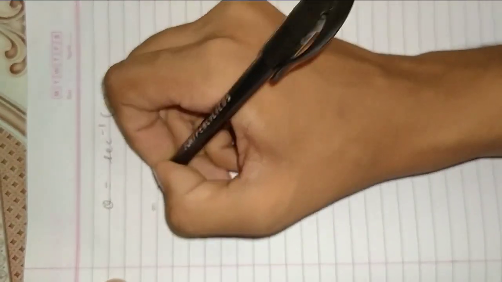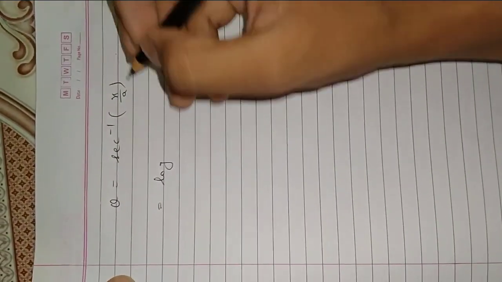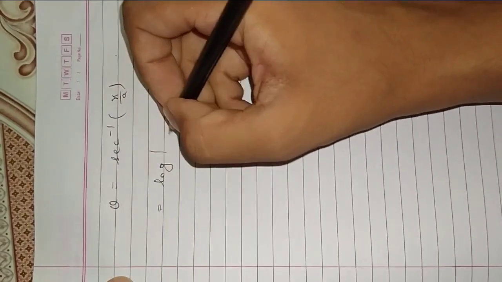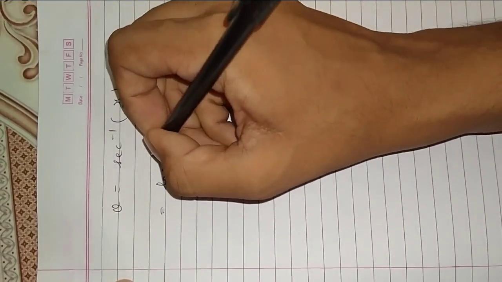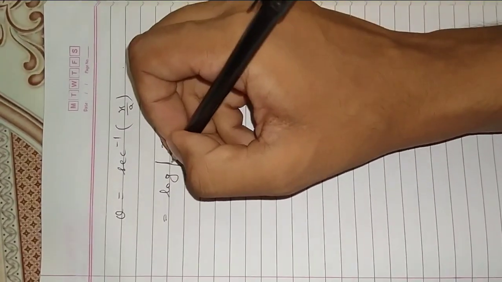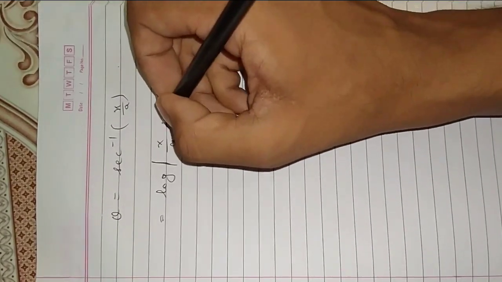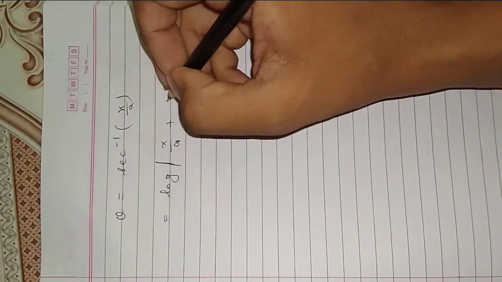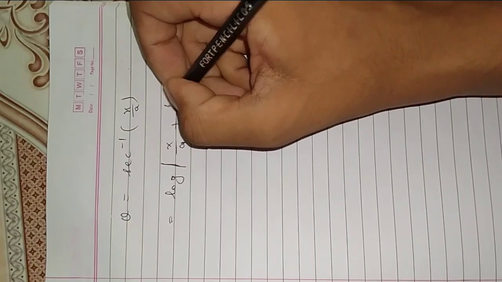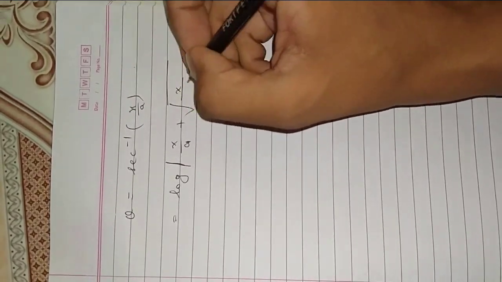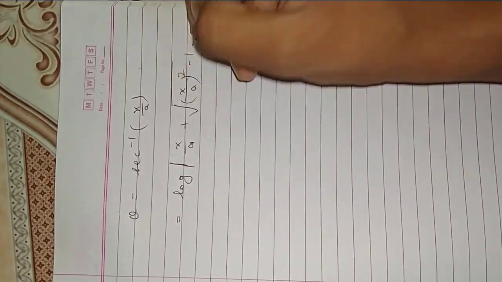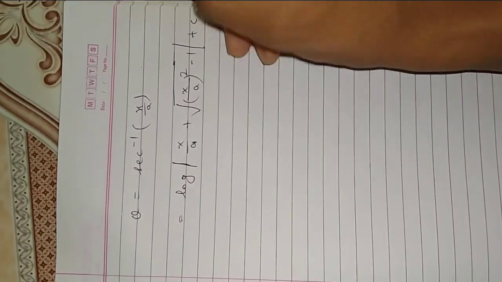So in place of sec theta, I am going to substitute sec as x by a. If you can see this, x by a plus root of x upon a the whole square minus 1 plus c.